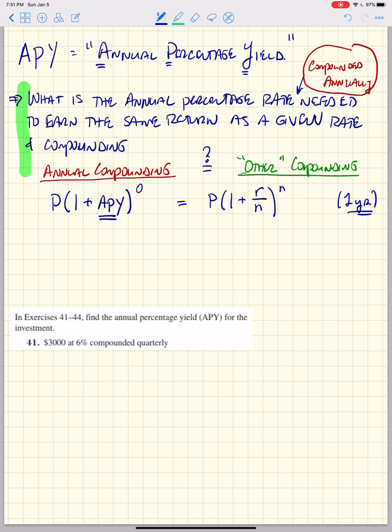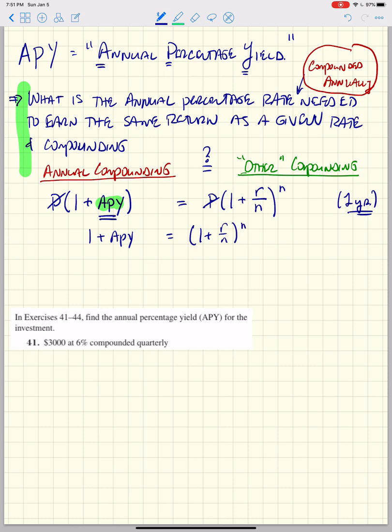So in both cases, the value of t is 1. And now it's fairly straightforward to solve for the APY, that equivalent annual rate. I can divide through by the principal because it's the same on both sides. So I get 1 plus my APY equals 1 plus r over n raised to the nth power.